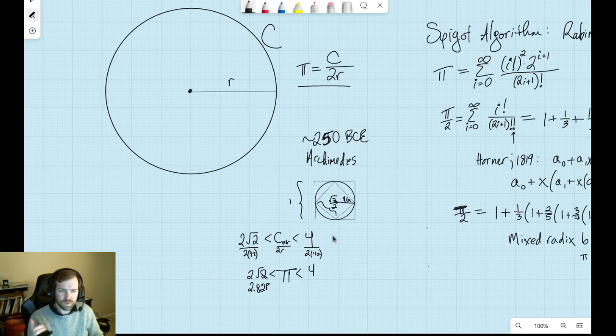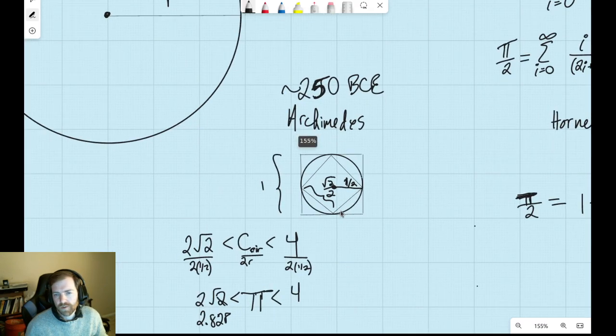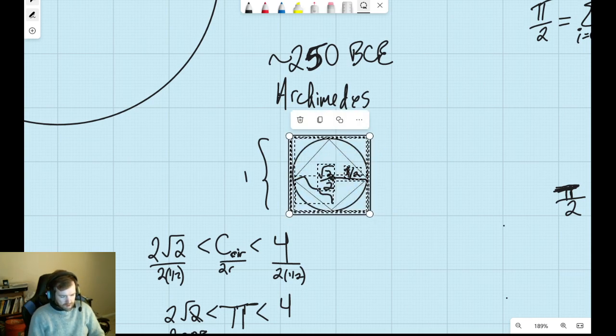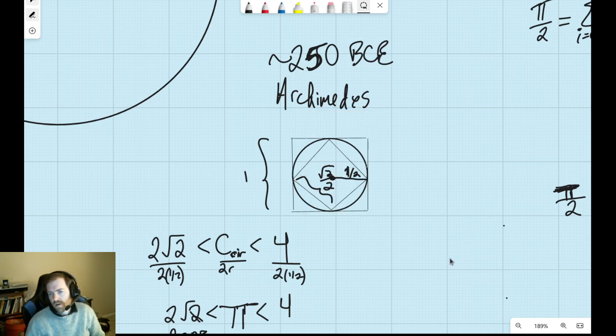Every time you add a new number of sides, whether it be doubling or just increasing the number, either way you end up with a more accurate value for the area. So if we were to zoom in here, let's take a copy of this and put it over here.